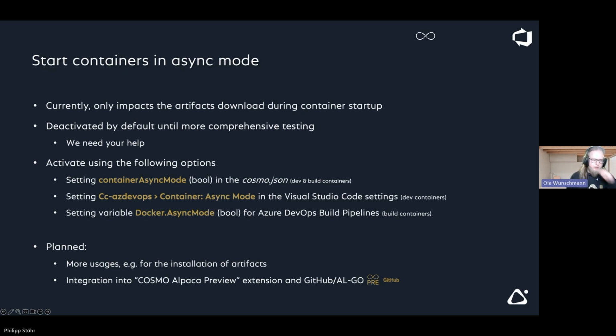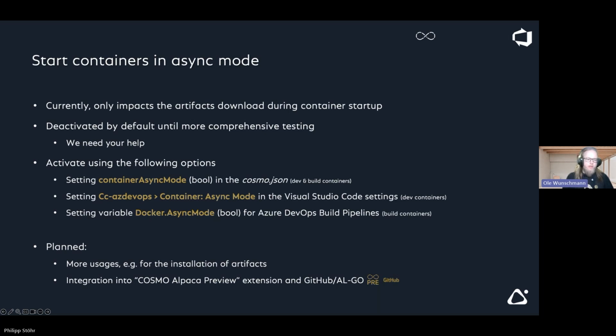How can you help or test it? You can activate it using the following options. You can set the container async mode in the Cosmo JSON. That is then used for the dev and build containers. It's a Boolean, so just set it to true. Later, if we activate the async mode by default, then you can also use it to deactivate it in some projects.